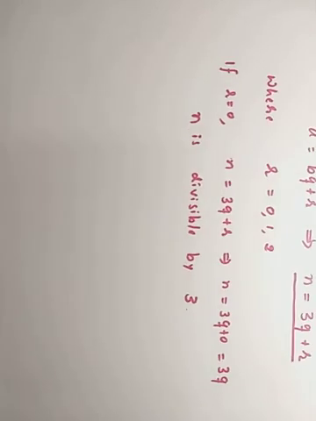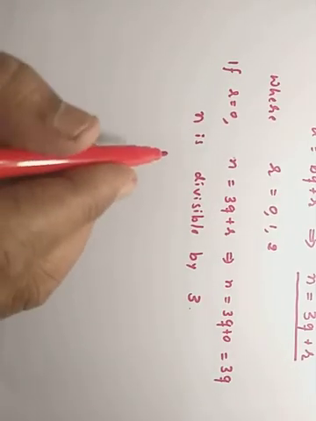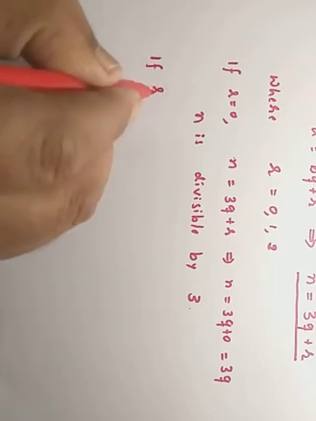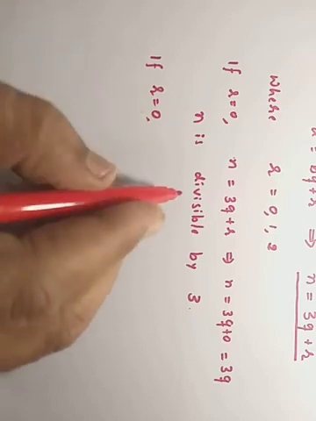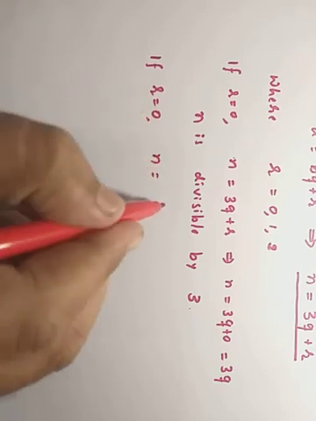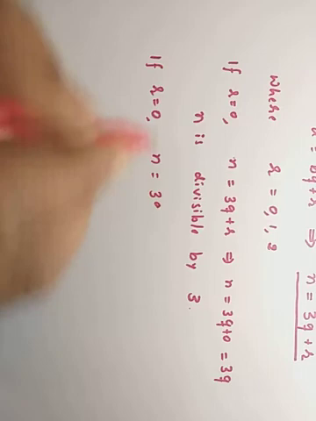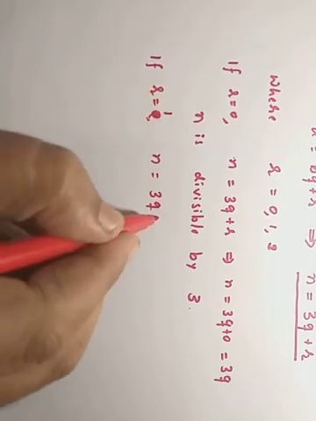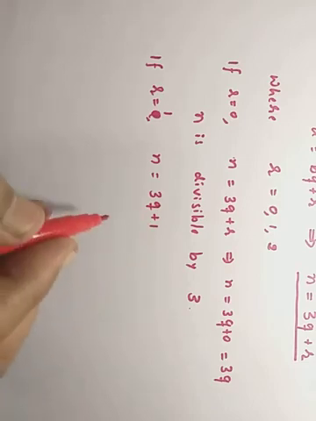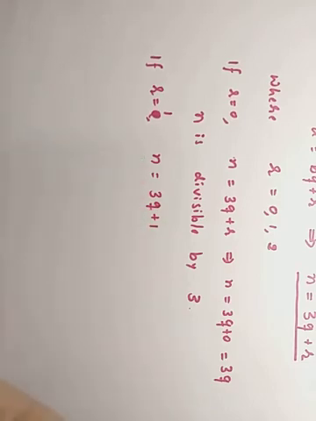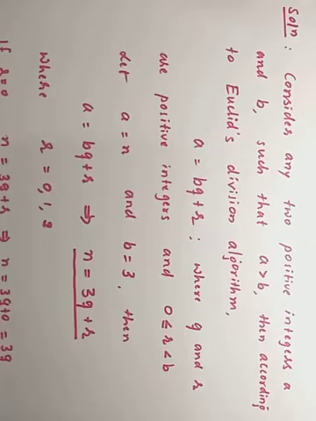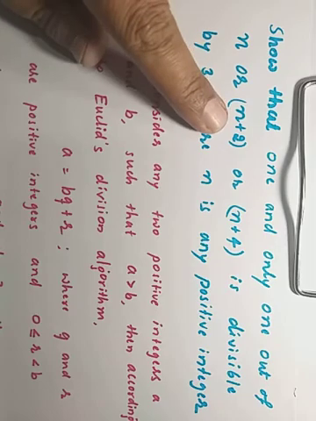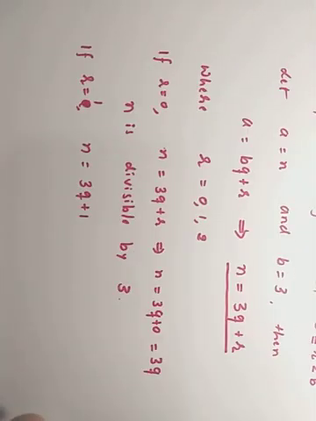Let us now take the next one. If r is equal to 1, then n is equal to 3q plus 1. But what we require is n plus 2 here. Therefore, we will go to the question. Now it is n plus 2. We will have to take that into account.